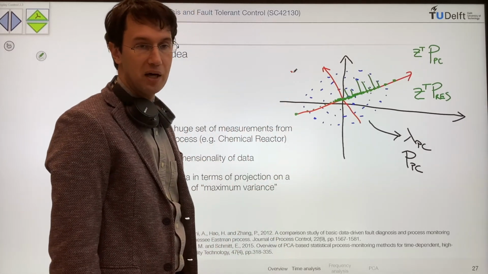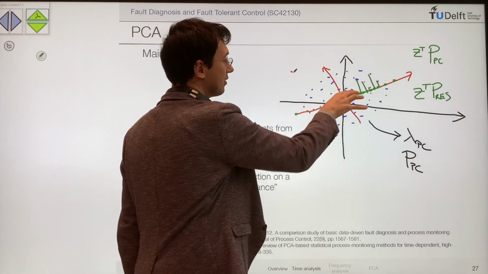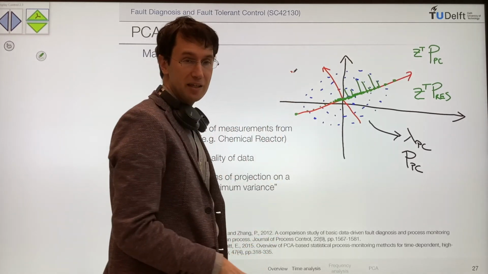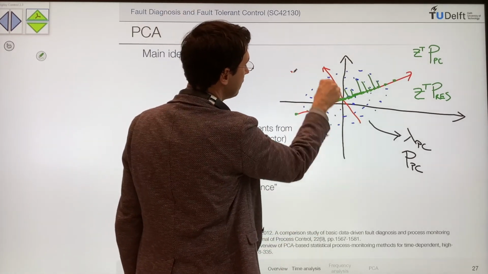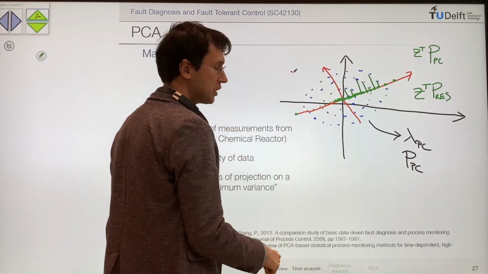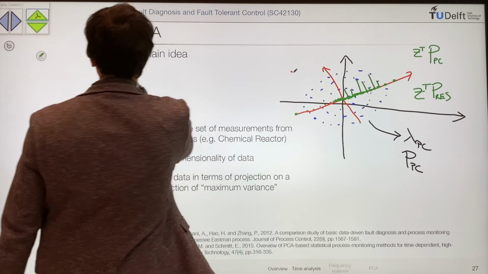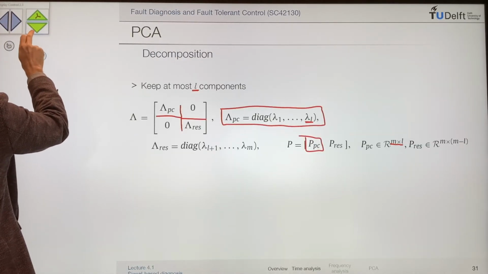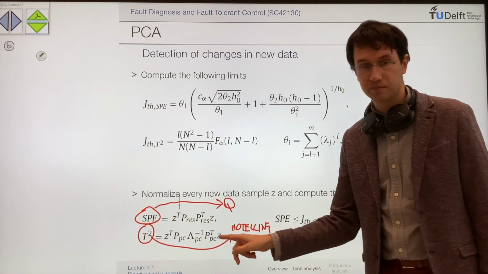And these are the ones that can either be normal, so be mainly concentrated along this direction, or abnormal, as this example. This is abnormal because if I project it back to the residual direction, well, the projection is quite big. So for this point here, the SPE is going to be big.